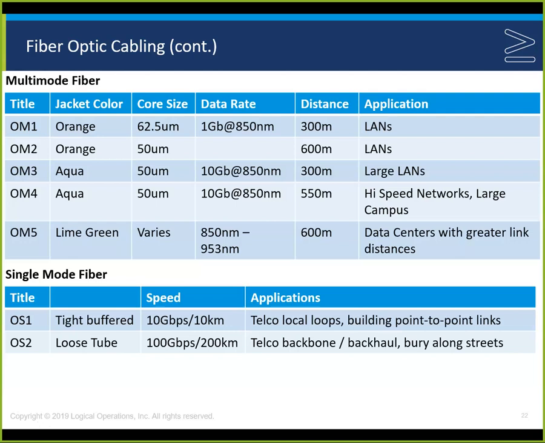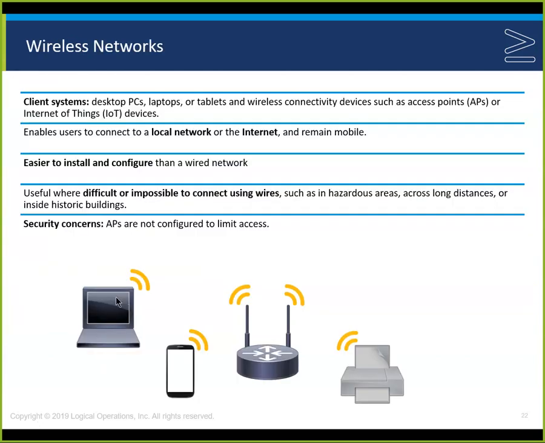Aqua, 300 meters for large LANs, high-speed networks for a large campus, and then the lime green varies. The single mode fiber, tight buffered down there, and loose tube for these things. The jacket color and the ones that we use, the single mode was yellow and the multi-mode was orange when we looked at those things.